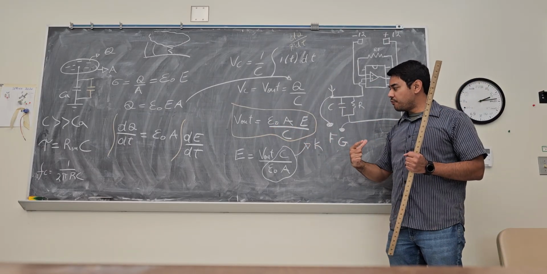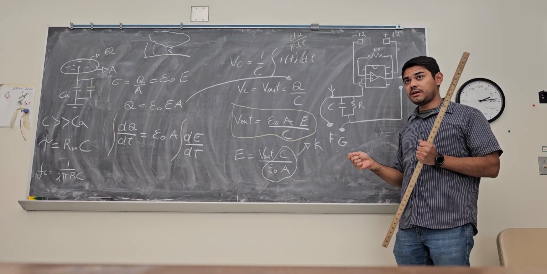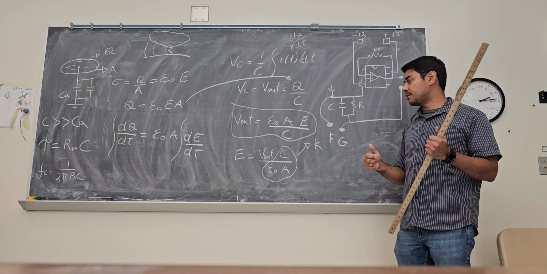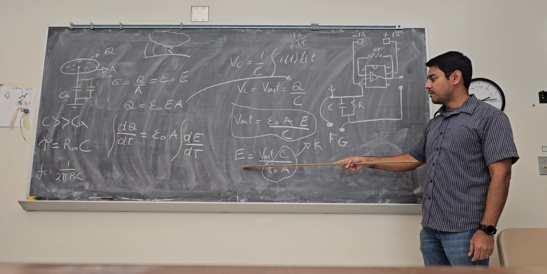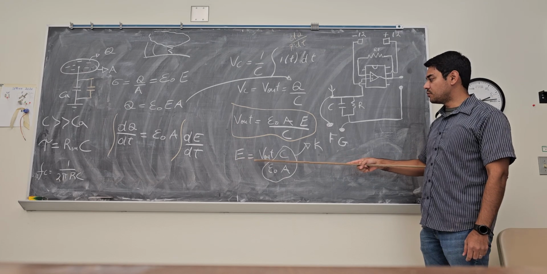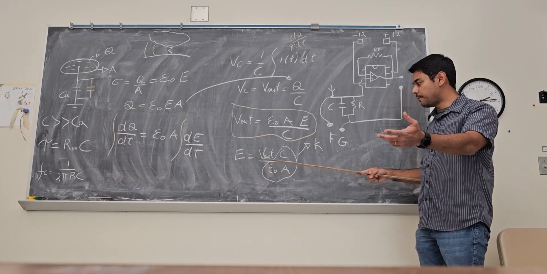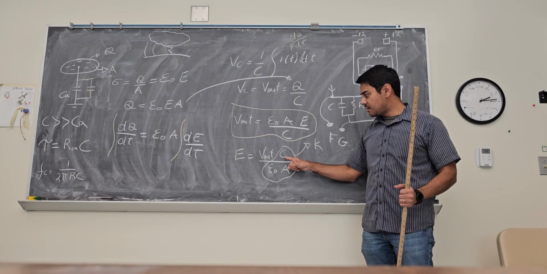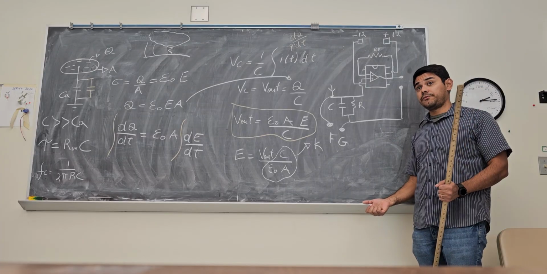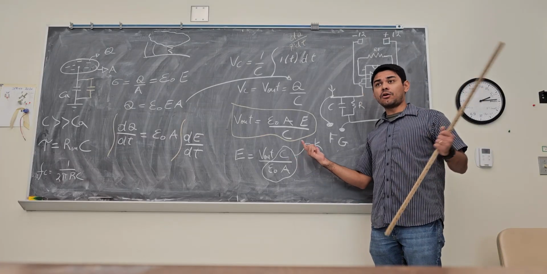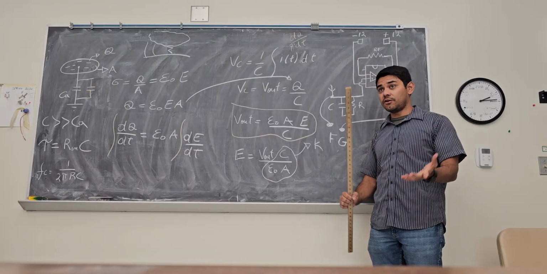If you want to convert that signal into volts per meter as a calibrated measurement, you solve for E. So the electric field is going to be equal to the voltage you read in your oscilloscope, and then those terms here, C over epsilon naught A, we're going to call the calibration factor, because C is a constant, epsilon naught is a constant, and the area of your antenna is a constant.